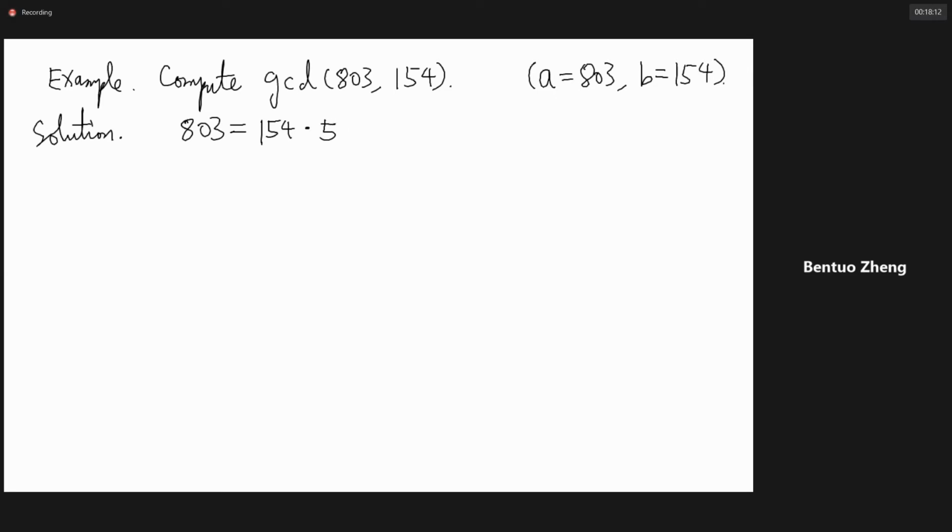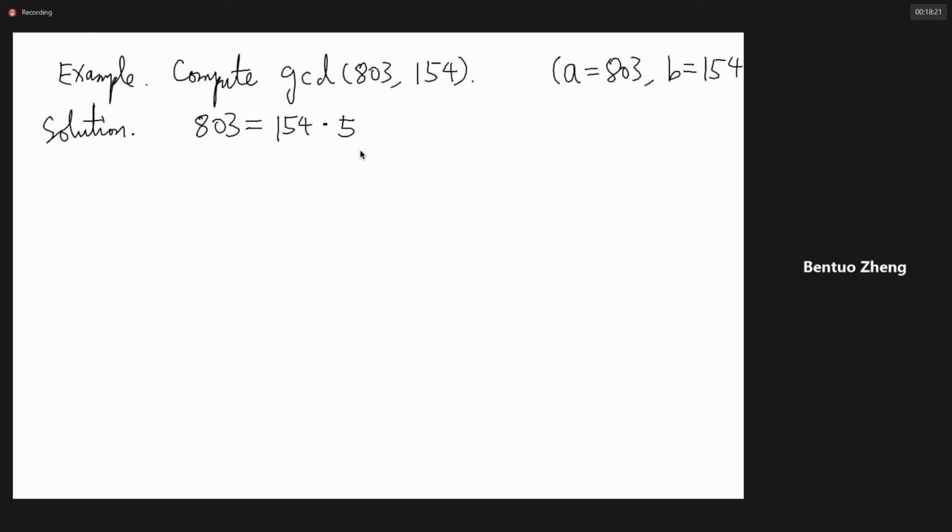And by simple arithmetic, what you get is plus 33. Okay, so this is arithmetic. You have to make sure this remainder is less than b. The remainder theorem requires the remainder to be less than b.